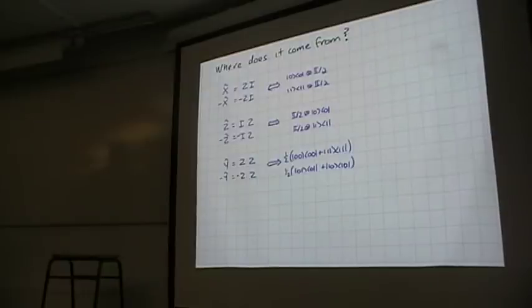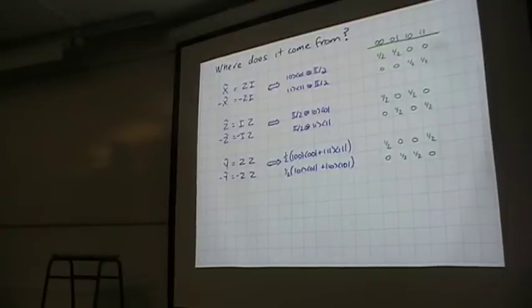So you can look at the mixed states that correspond to the blind stabilizers. Because there's 2 Paulis for the blind stabilizers, there have to be mixed states because you've only got one generator, like Z, and so on. And now if you expand these out in the computational basis, you've got 00, 01, 10, and 11, these are the 2 classical bits, and look at these probability distributions over these 4 classical bits, they just become probability distributions half, half, 0, 0, 0, 0, half, half, and so on.